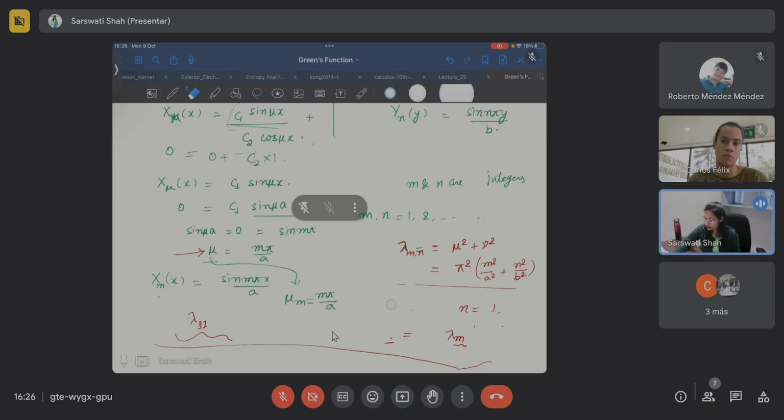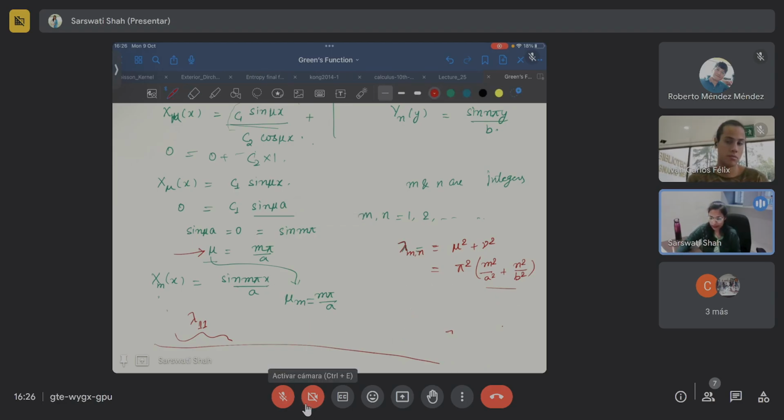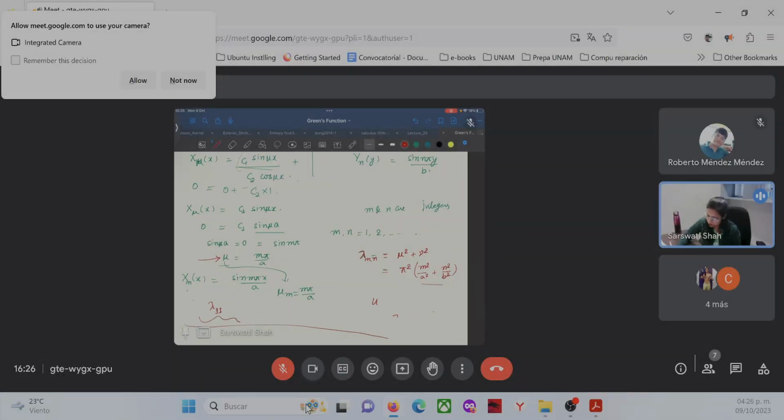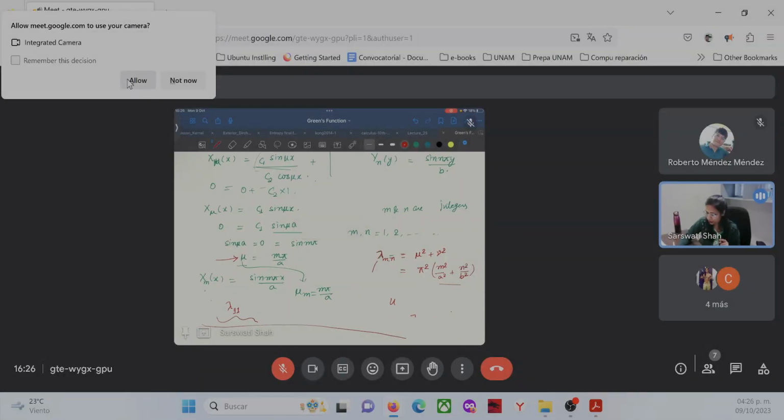Since lambda is this, the solution is going to be the product of this x_m and y_n. So u, the eigenfunction corresponding to this eigenvalue, is going to be u_mn(x,y) equals sine of m pi x over a multiplied by sine of n pi y over b.